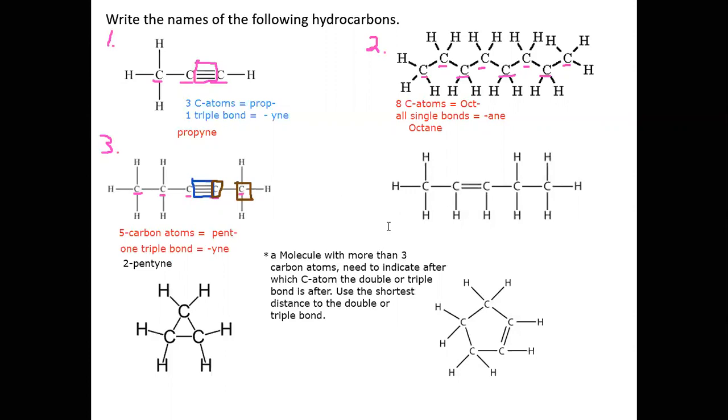Now, if we look at the next example, number 4, we have 1, 2, 3, 4, 5. So again, we use the prefix pent because we have 5 carbon atoms.